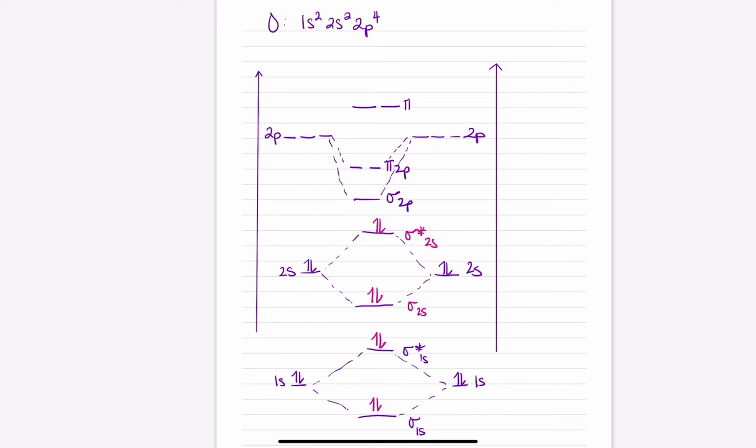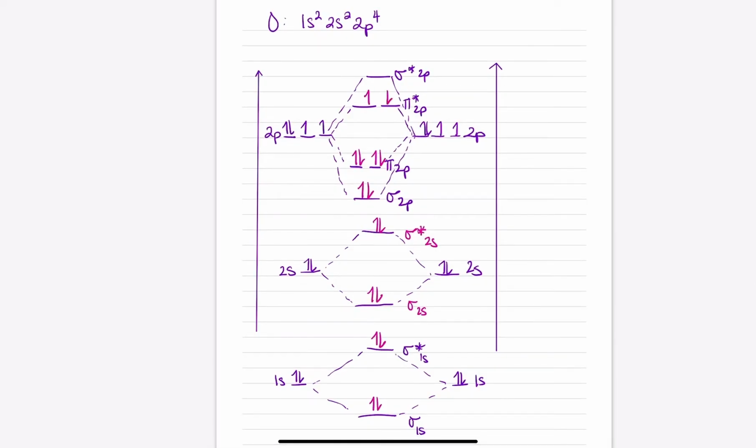Above, I have my pi star, which means pi antibonding, and my sigma star. And then fill in your electrons. So I've got for oxygen 1, 2, 3, 4, 1, 2, 3, 4. So that's 8 electrons. This whole thing is the complete molecular orbital diagram for oxygen.